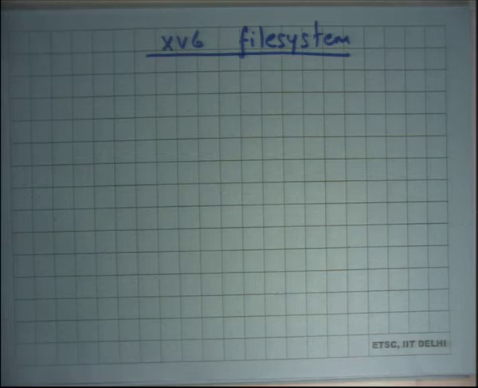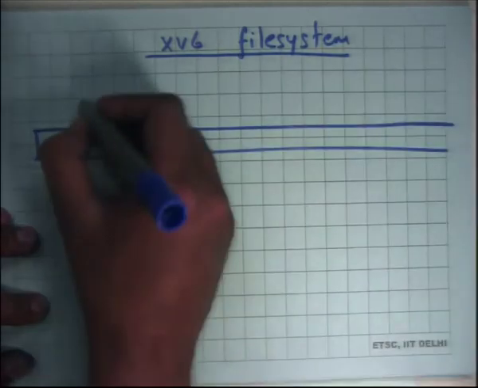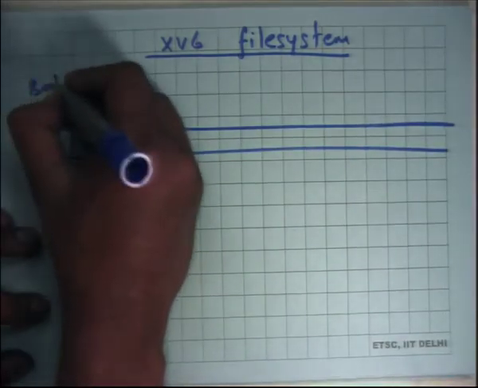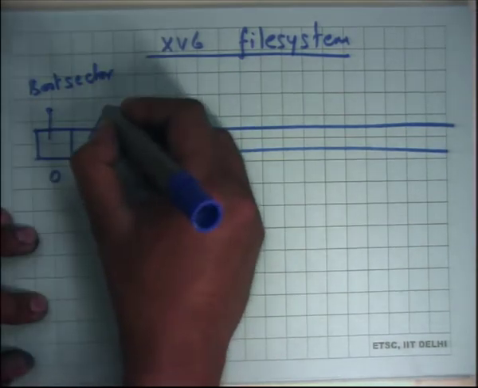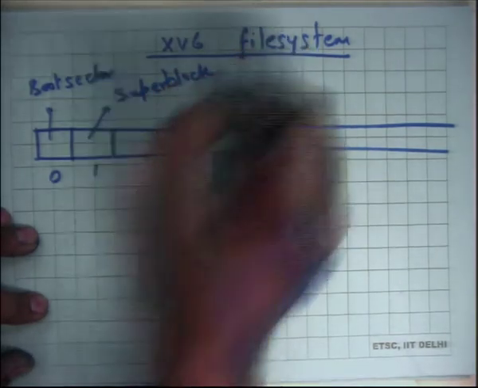Okay, so here is the x86 file system. Let's say this is my disk, and this is block 0, that's the boot sector. This is block 1, that's the super block, right?